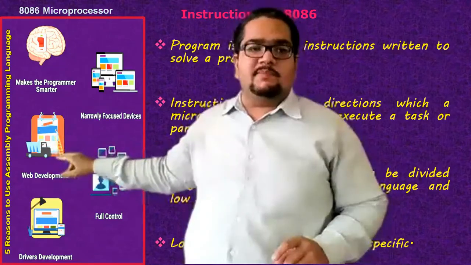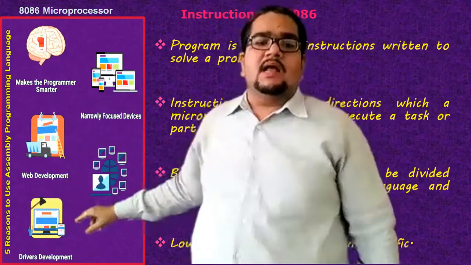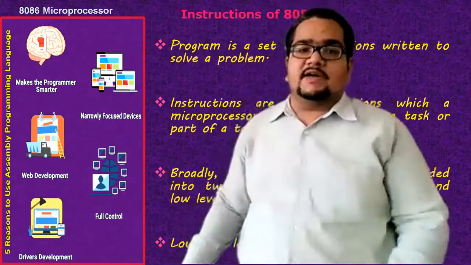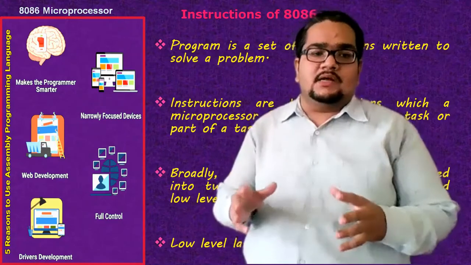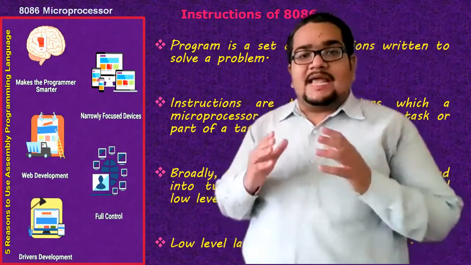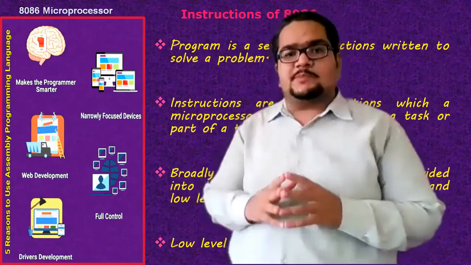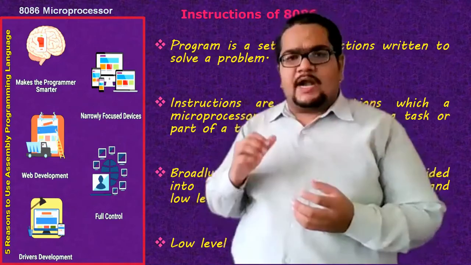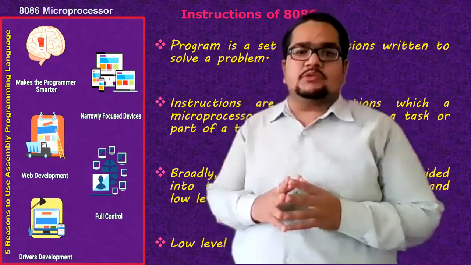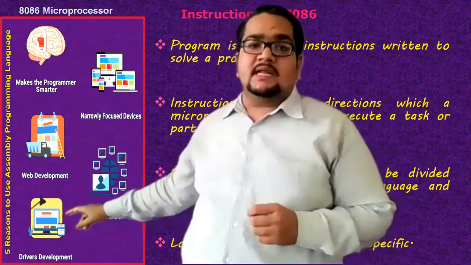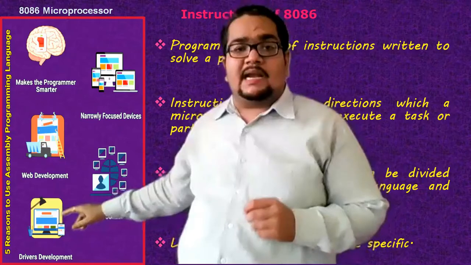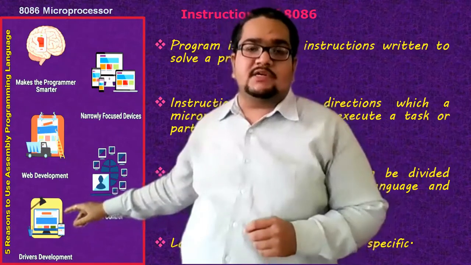Development will be very easy for that particular hardware. We can keep a narrow focus upon different devices. We can give full control over the hardware, because assembly language is very processor specific, hardware specific. You write very close to the processor. An important use of assembly language is developing and writing driver software.